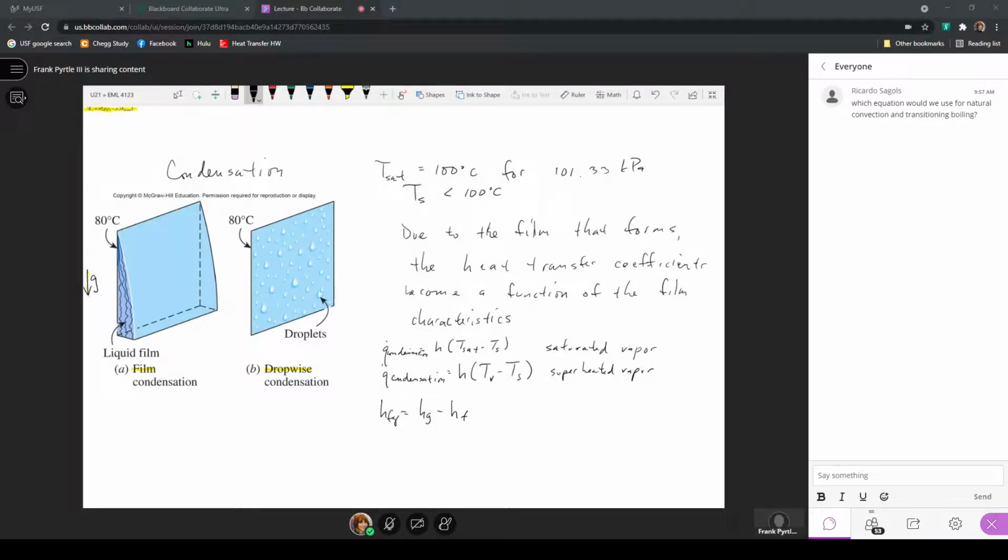But when we're considering this condensation, recall that if this temperature is below the saturation temperature for the fluid, then the latent heat that would be used to, let's say, calculate a rate at which water would be condensed, we have to modify.